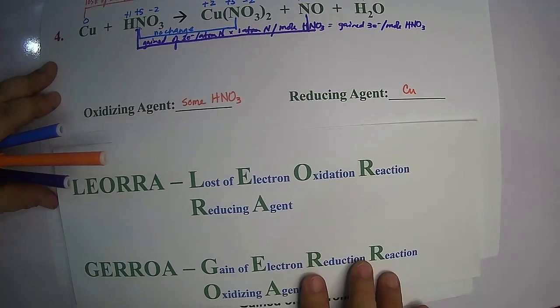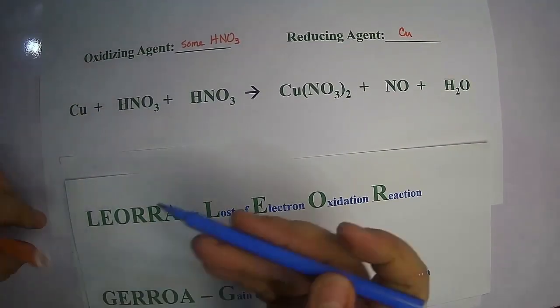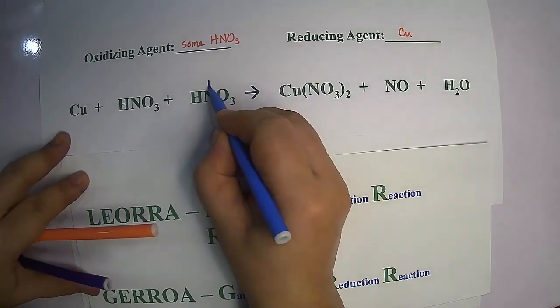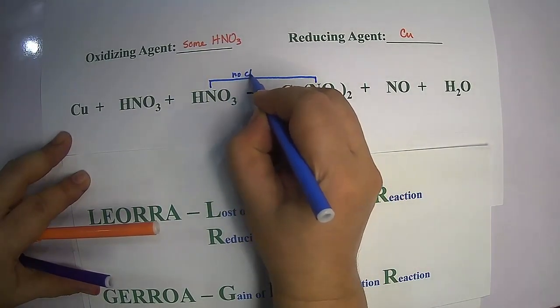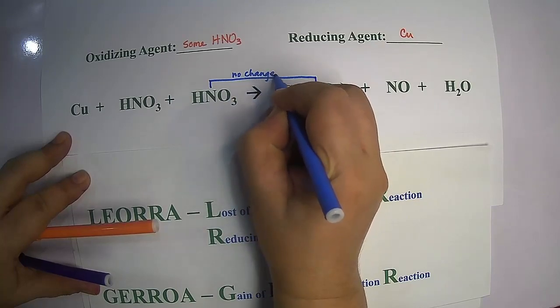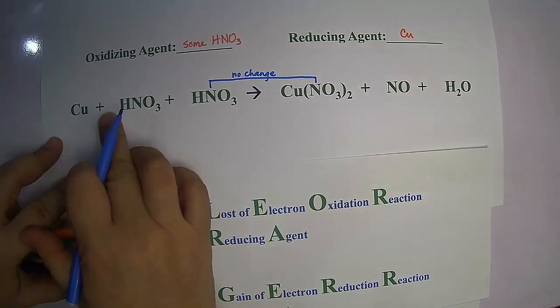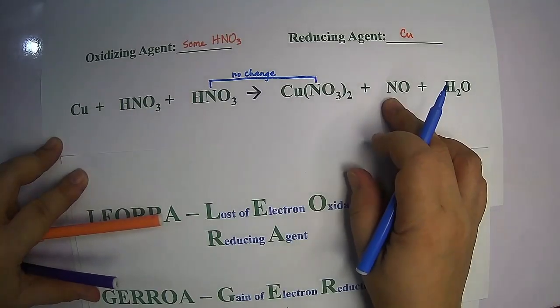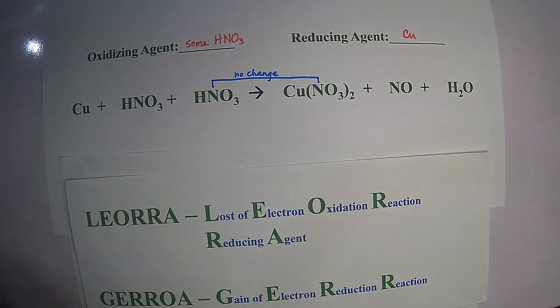So, to balance that, we rewrite the equation. We identify this nitrate and that nitrate, no change, because only some of the nitrate changes. So when we adjust the coefficient of that nitrogen, only this one will be adjusted, not this one, because that is an ion and undergoes no change in oxidation number. Now, next step, we cross multiply.